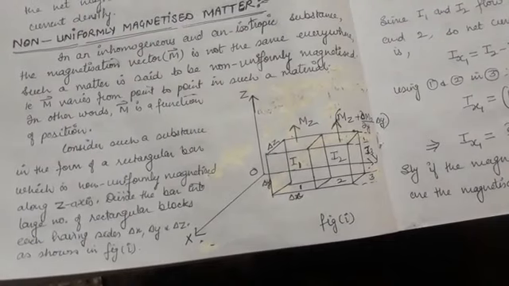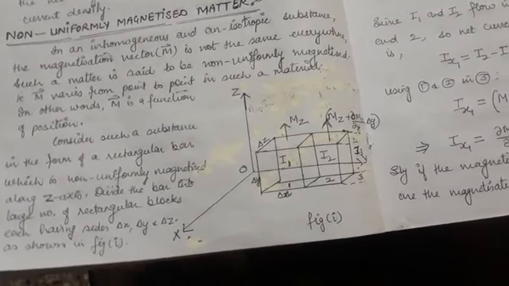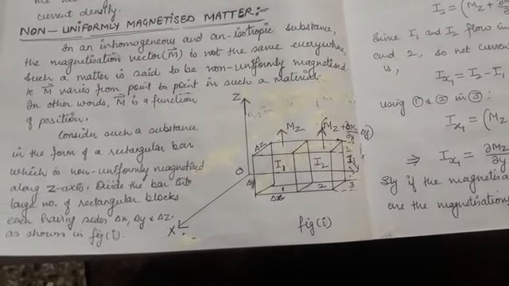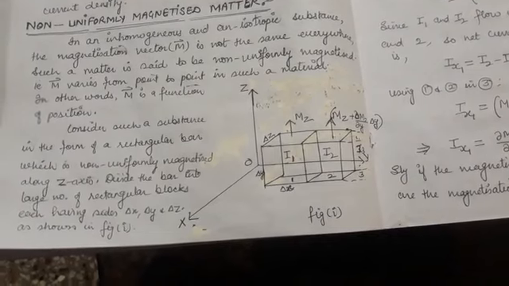Let I1, I2, I3 and so on be the currents flowing through all these rectangular bars. My dear students, since I have taken two bars, I have taken the two currents I1 and I2.